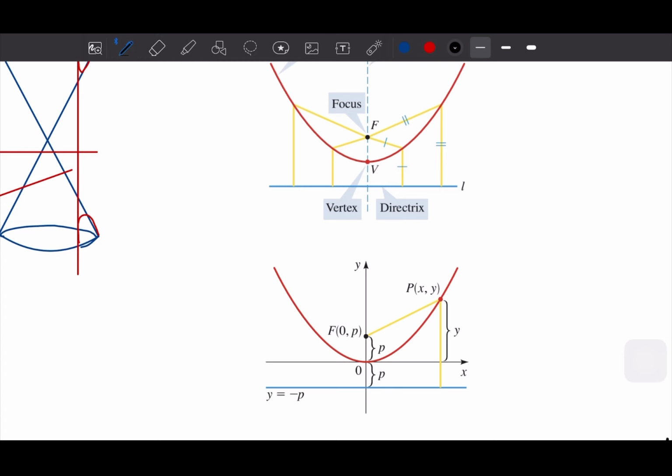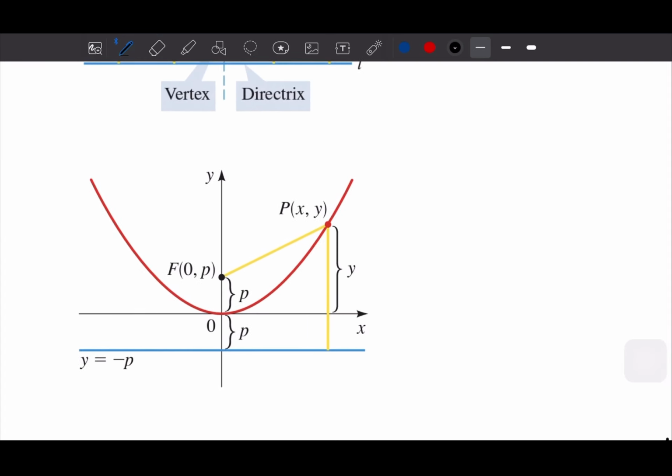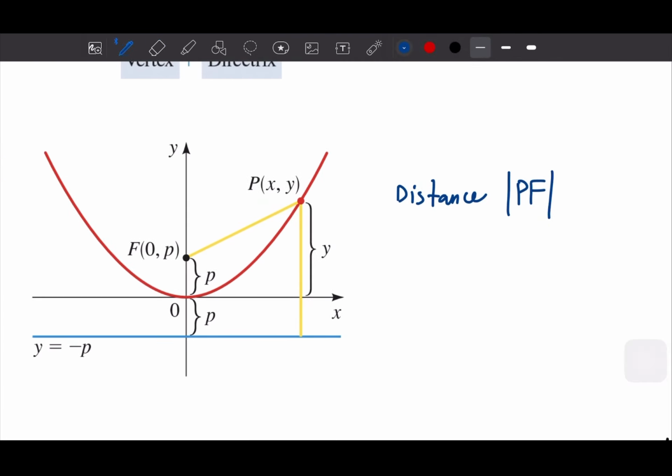Okay, and then we could take the distance from point P to F. From this point P to here, using x, y for P, we could write that this will be equal to the square root of x squared plus y minus p squared.